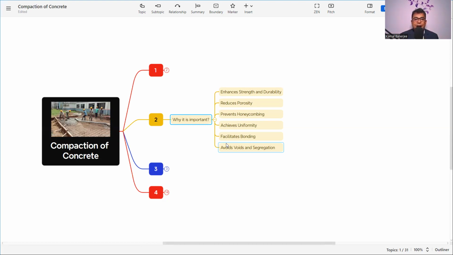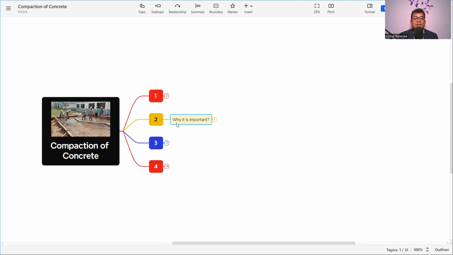If there are air gaps between the raw materials, the bonding will not be proper. So whenever we remove the air voids from the concrete, it facilitates bonding. It also avoids voids and segregation. So segregation and voids are also controlled by the use of compaction. These are the things we need to know about the importance of compaction.